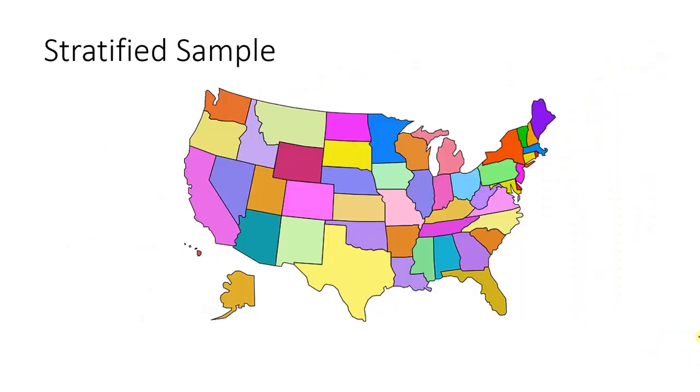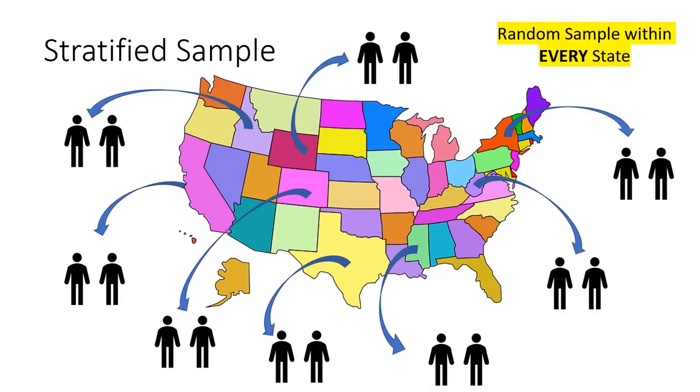Stratified sampling. In stratified sampling, what we may have noticed in that simple random sample is that we didn't get data from a person in every state. So in stratified sampling, I'll group people according to the state that they live in, and then I'll take a random sample within every state.